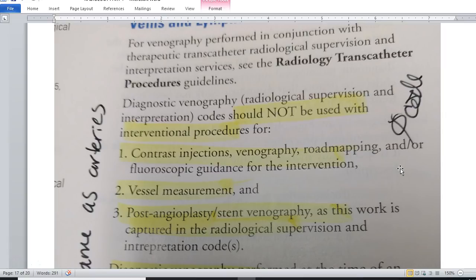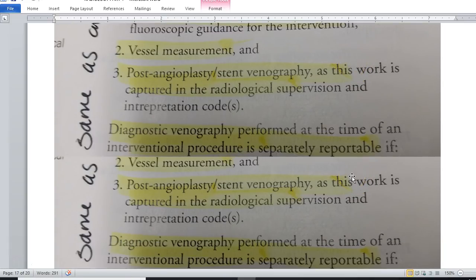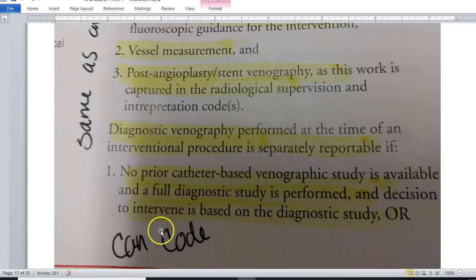So again, the only difference between the wording from the arteries to here is instead of using the arterial terms, we're using the venous terms. That's all the difference is. It goes on to tell us, this is when we can code, and it's almost exactly the same.